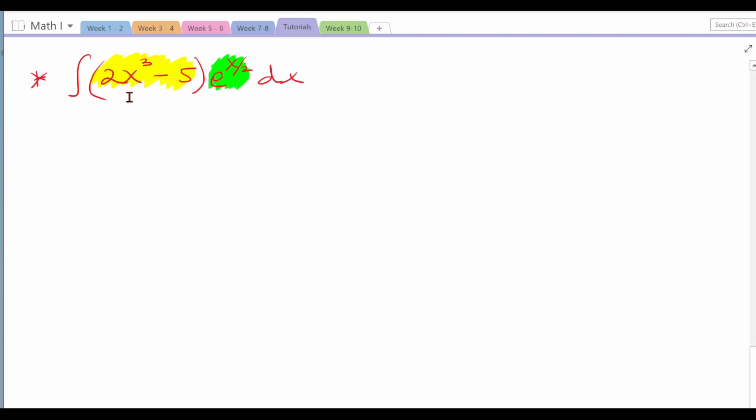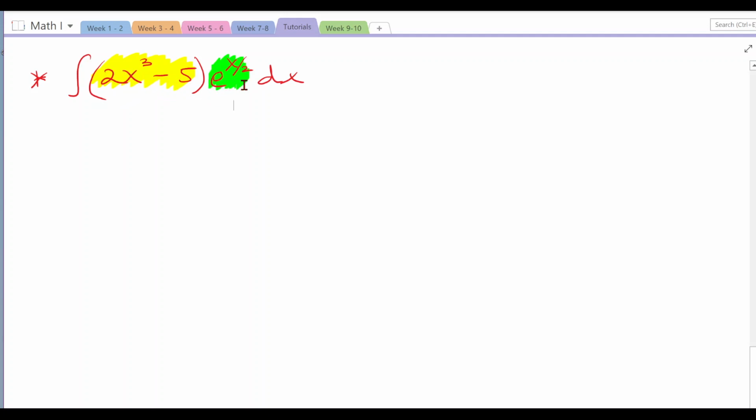Okay, so for this particular problem, we have 2x cubed minus 5. I think this one is better solved using the tabular method, because in the tabular method, one of the terms must be differentiated until it equals 0. So this term highlighted in yellow can be differentiated several times until it becomes 0.